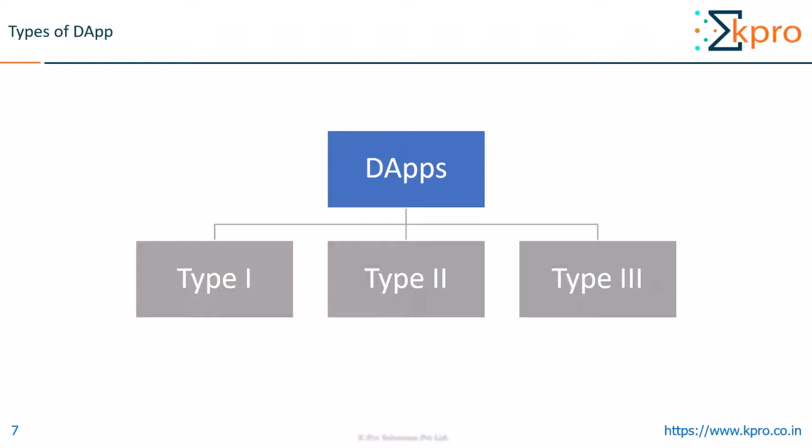In type 2, decentralized applications use the blockchain of type 1. These are protocols and have tokens necessary for their functioning. And in type 3, decentralized applications use protocols of type 2. These are protocols and have tokens necessary for their functioning. So these are the types of decentralized applications based on whether that application has its own blockchain or not.